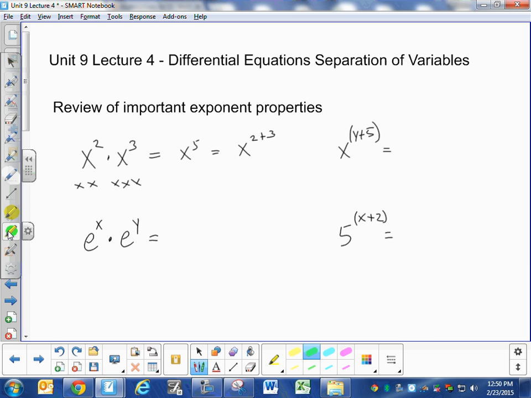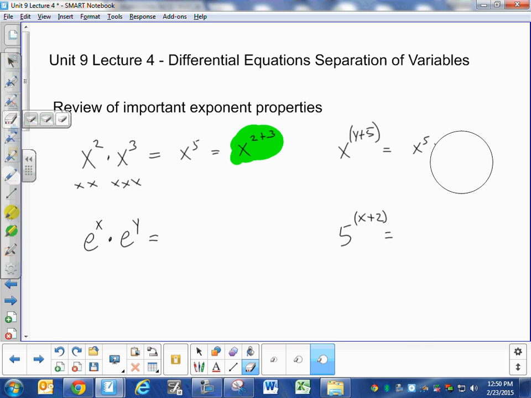Well, what we're going to need to know for today is that if you start with something like that, you should be able to go the other way around. So if I have x to the y plus 5, I can rewrite this as x to the 5th times x to the y, if I want to, or x to the y times x to the 5th.